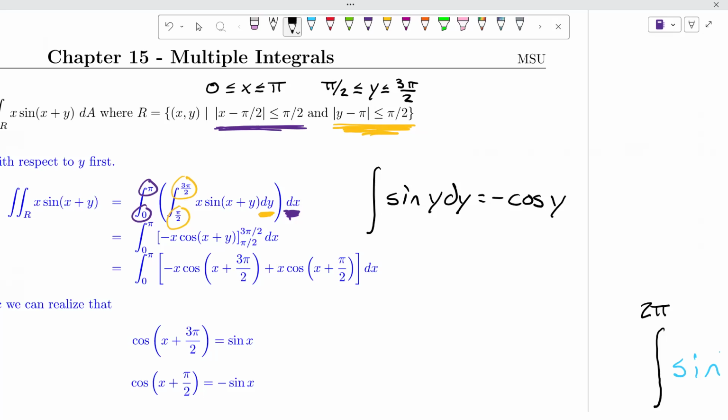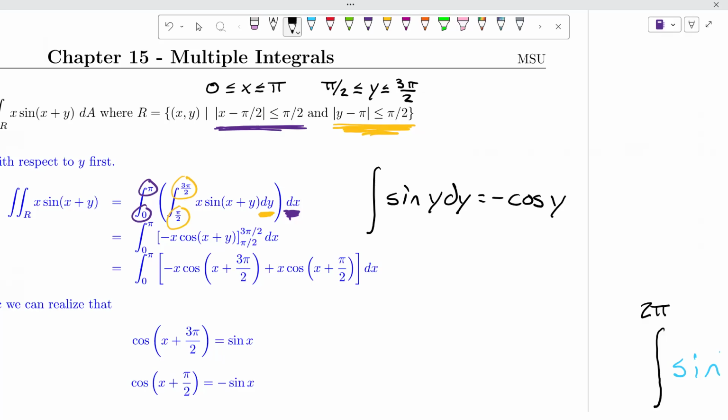I know I need to go back and worry about all the other pieces that are in there. For example, my input angle isn't just y, it's really x plus y. I also have that x that was multiplied out in front, but when I'm actually evaluating an integral, I'm thinking mostly about the integral of sine and it being negative cosine, rather than getting too lost in the smaller details.